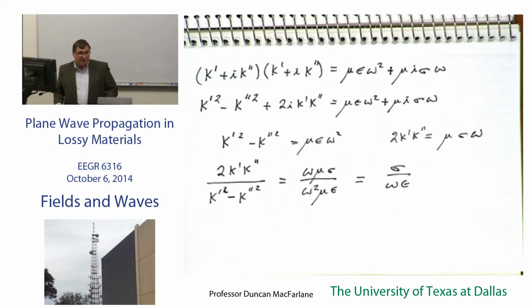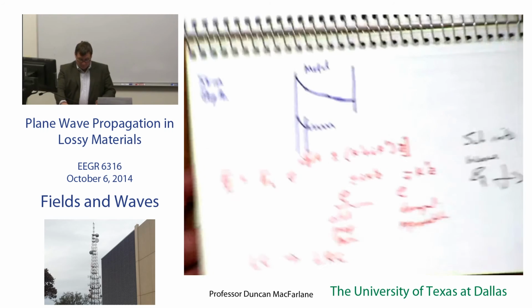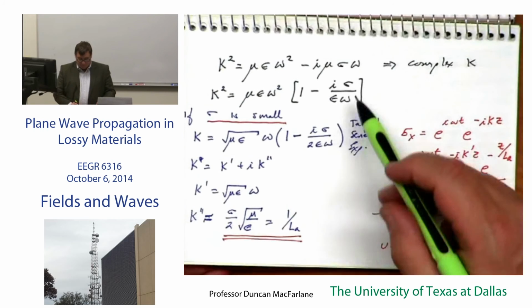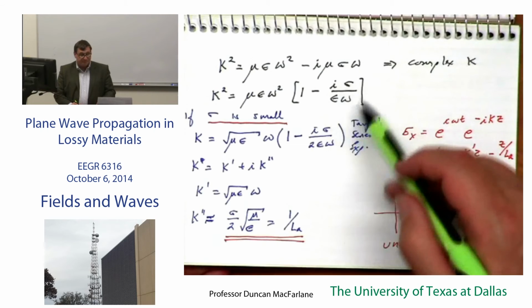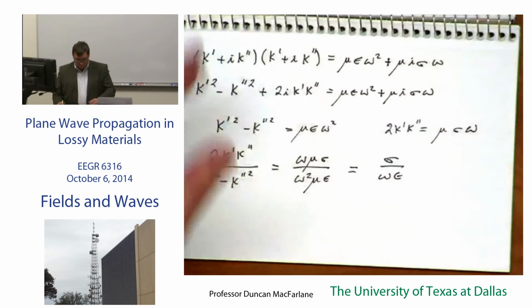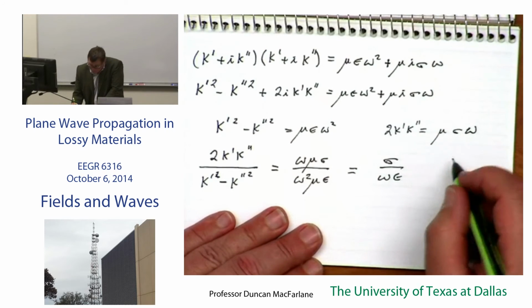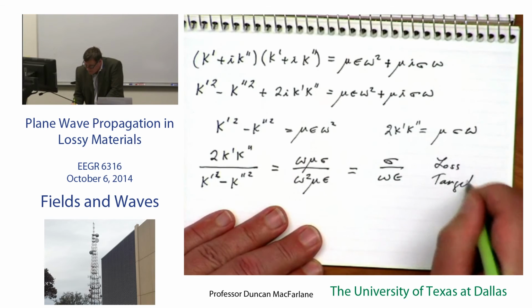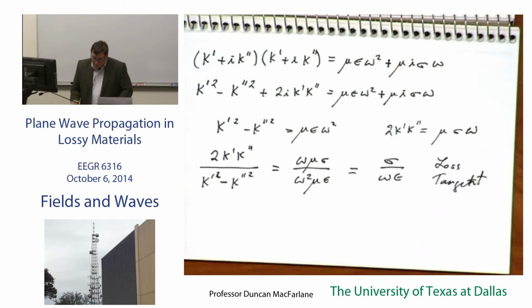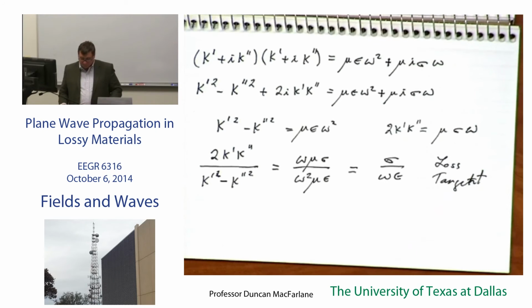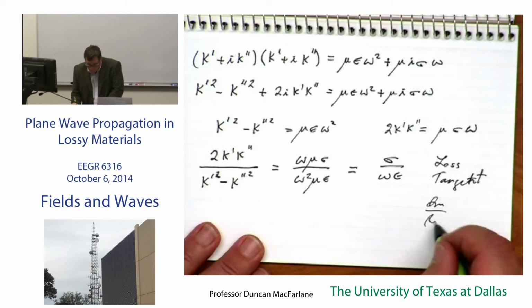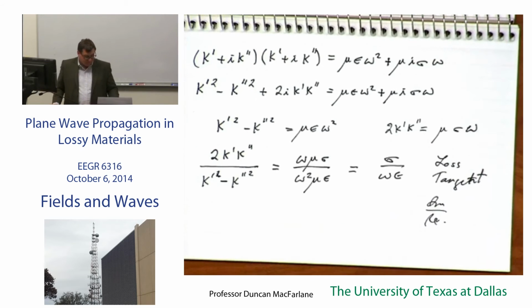Sigma over omega epsilon, which we've seen before. But this is the standard derivation to describe the loss tangent, imaginary over the real part. Okay.